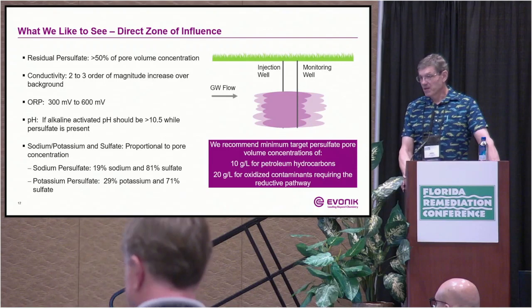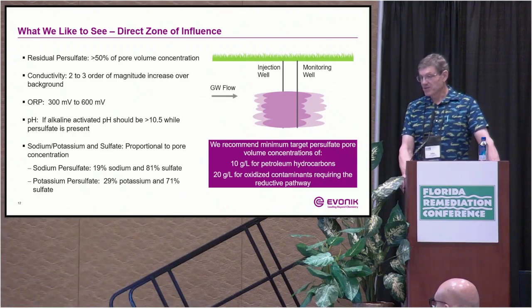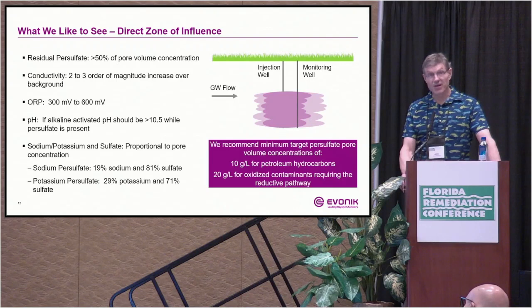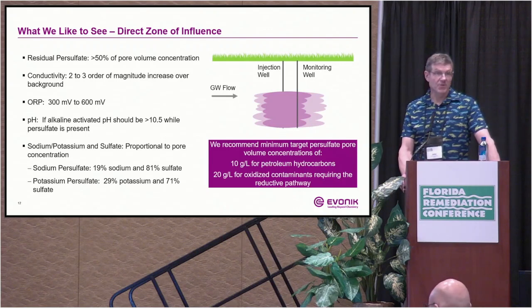I've got a little bullet down to the right there, just to give you a sense of target persulfate pore volume concentrations. It really ties to the contaminants. So say for petroleum hydrocarbons, it ties into the specific pathways that we're trying to activate within ISCO. We only need oxidative pathways for petroleum because they're highly reduced compounds.